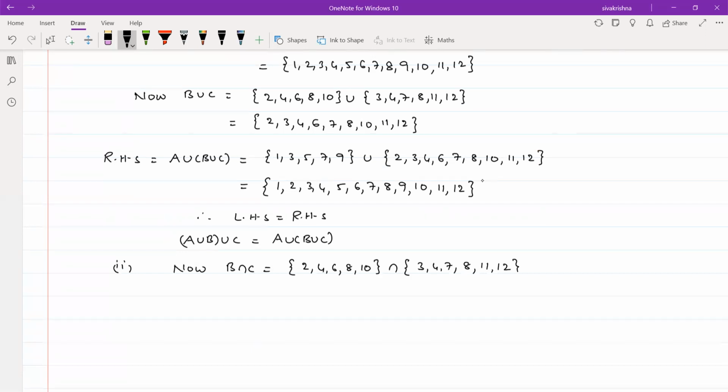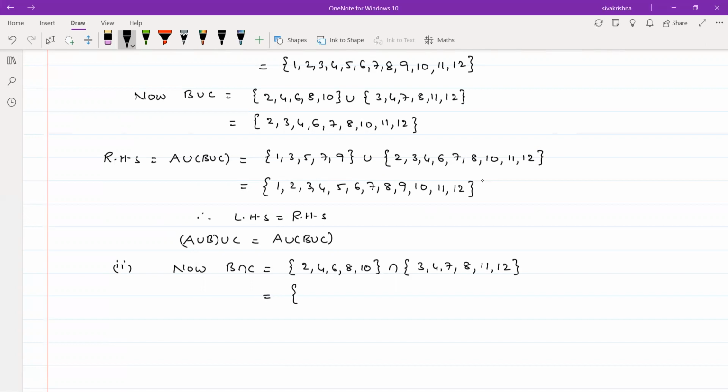If you want to find the intersection of two sets, we have to write only the elements which are common in both the sets. Those particular elements only come under intersection.